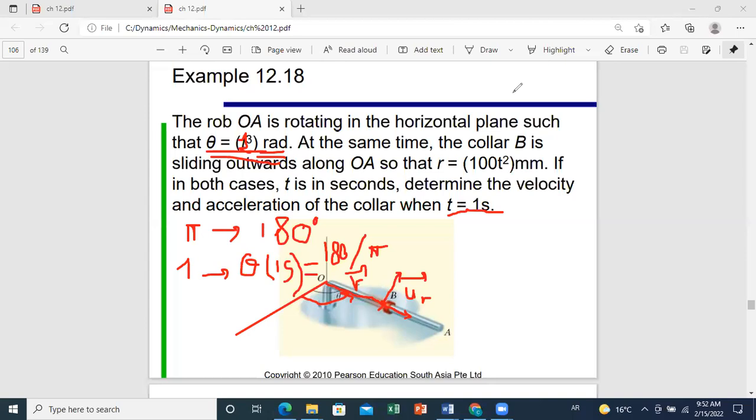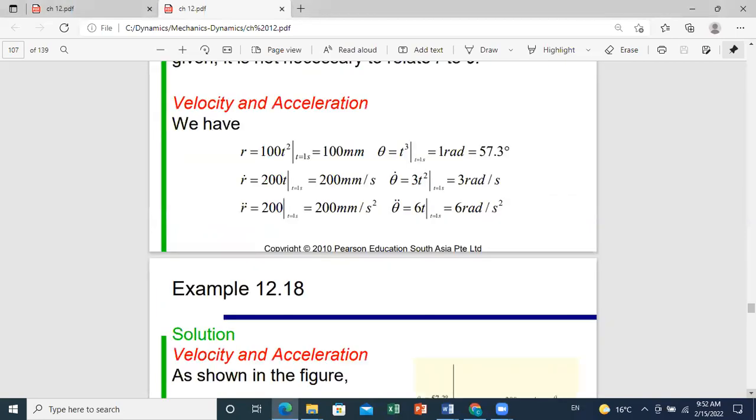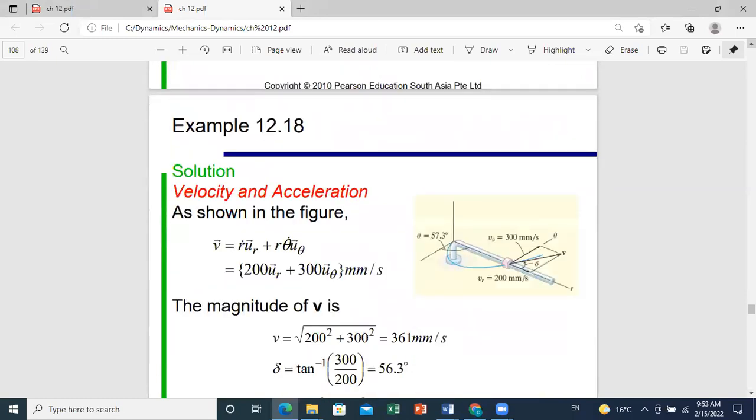So let us see what were the values and how we can make the analysis for the angle it's making with the reference line. After performing our calculations, we obtain VR positive and V theta positive. The value of VR is 200 millimeters and the value of V theta is 300 millimeters, both per second.